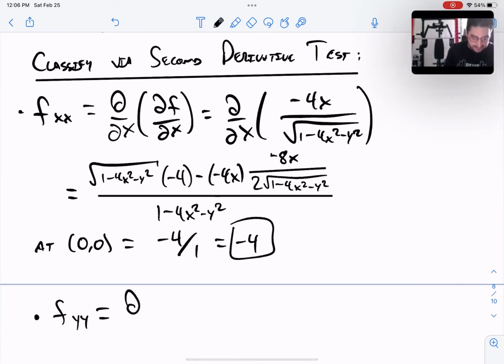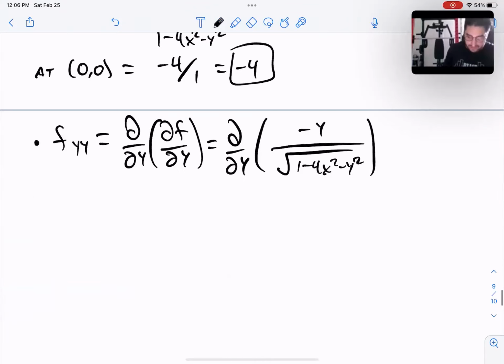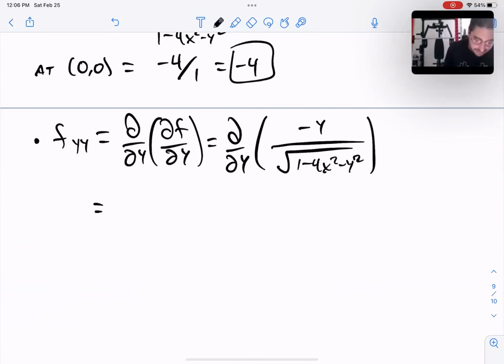Which is, again, going to be the partial of something we already have. It's the y partial of the y partial. And we had this y partial already. This was our y partial. And again, I need a quotient rule.